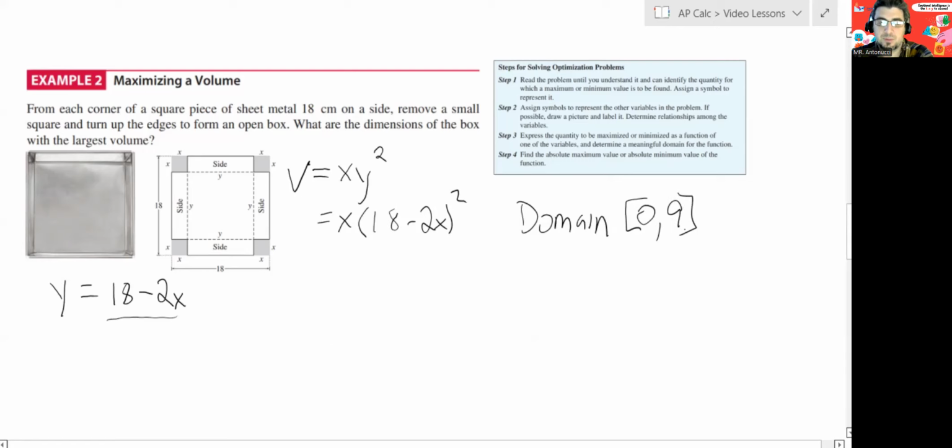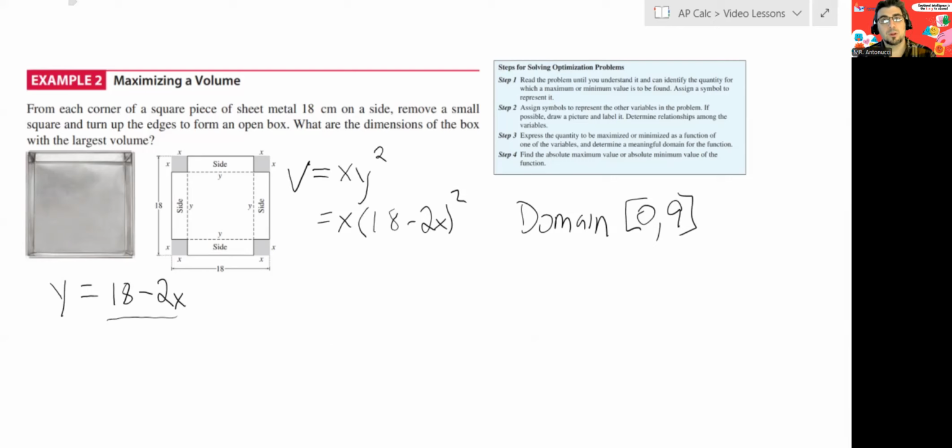In fact, oftentimes with these types of problems, you can make the domain the open interval 0 to 9, because if the x value is 0, then you haven't cut anything, you can't make a box. If the x value is 9, you've cut 9 centimeters from one side and 9 centimeters from the other side. You don't have a box anymore because you cut out the full amount from each half. So you can kind of reason that the interval is going to be an open interval from 0 to 9 in this case.